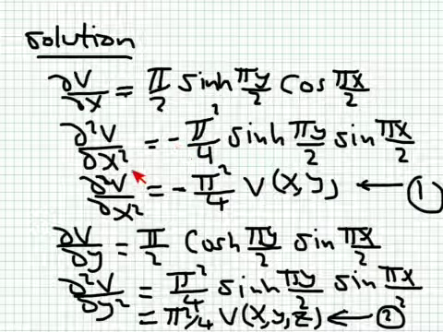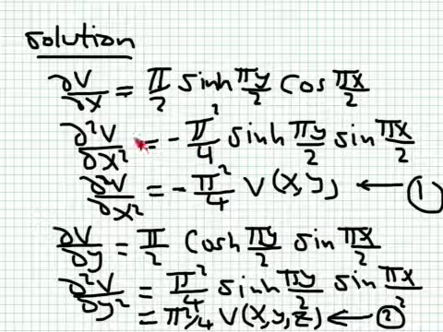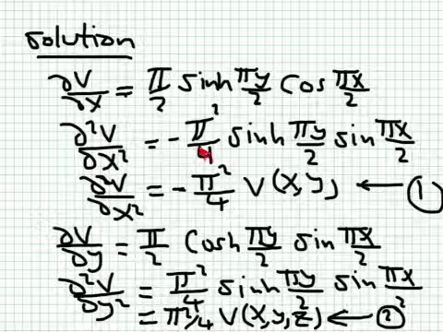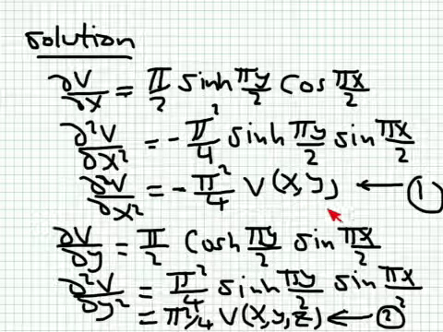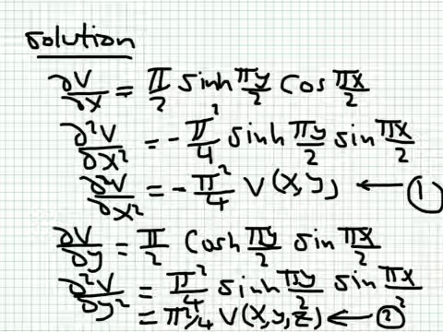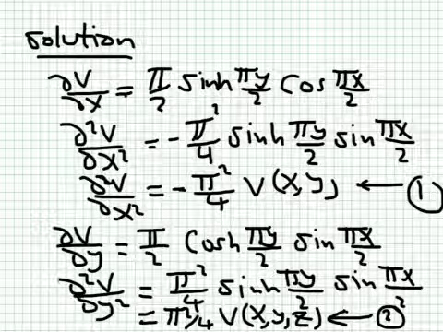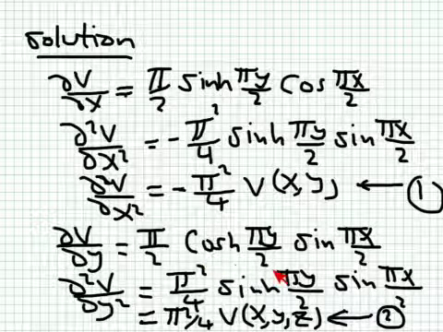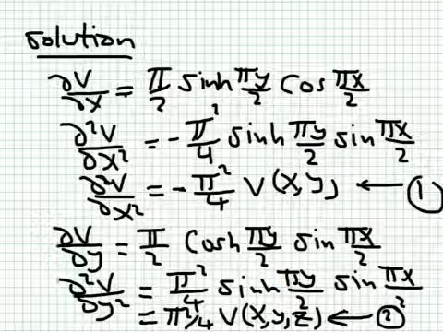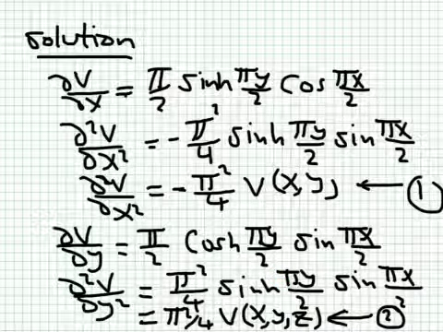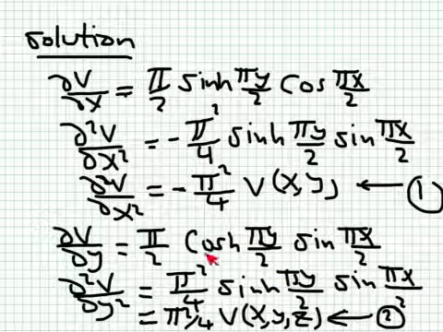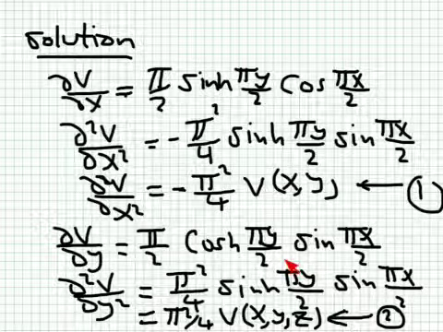So this is saying that the second derivative of V relative to x squared is equal to minus pi squared over 4 multiplied by V. The second one is the derivative relative to y. Remember, this is a hyperbolic function. So the derivative of sine hyperbolic pi y over 2 is pi over 2 cosine hyperbolic pi y over 2.